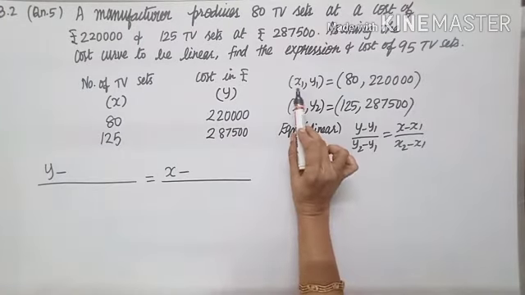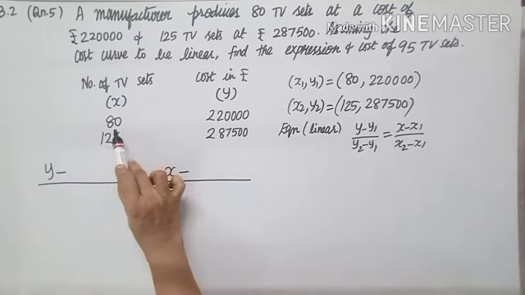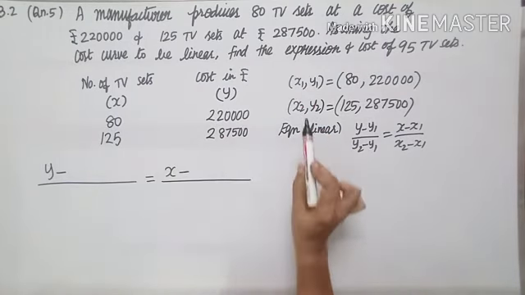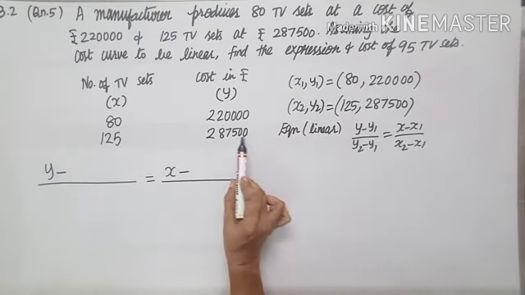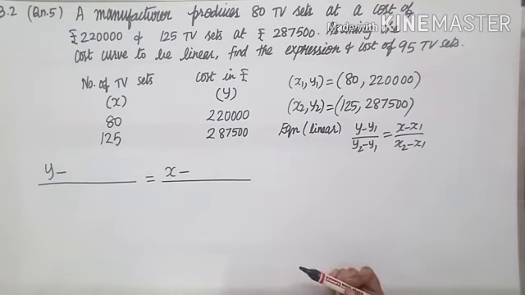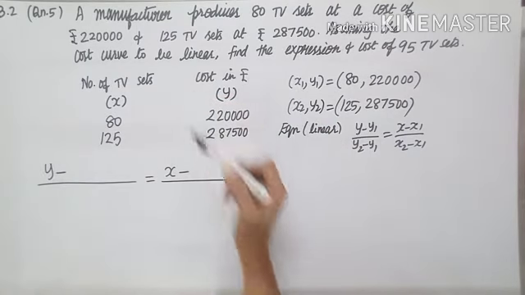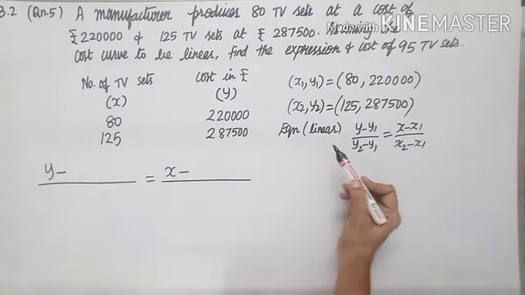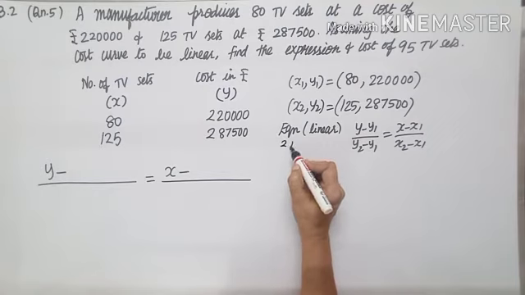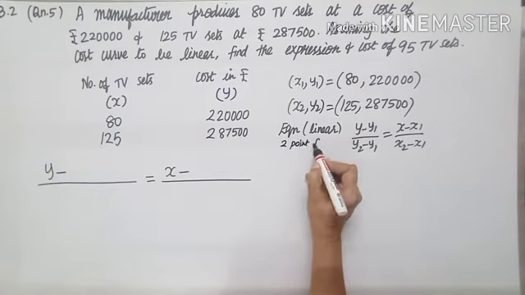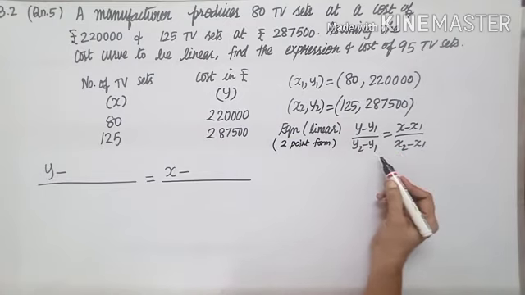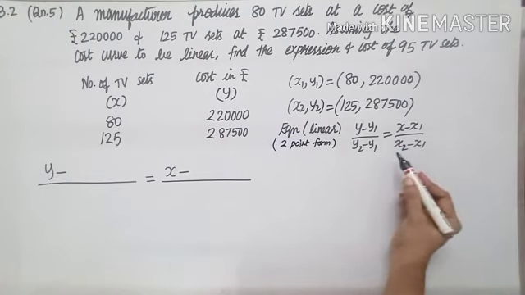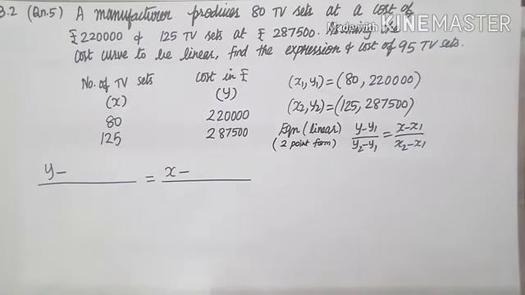Point form x1, y1, 80, 2,20,000. x2, y2, 125 and 2,87,500. Since the curve is linear, the line equation with 2-point form we can remember, which is y minus y1 by y2 minus y1 equals x minus x1 by x2 minus x1.